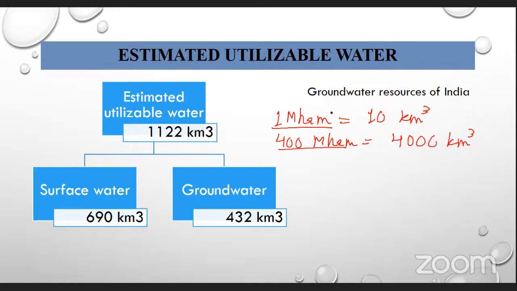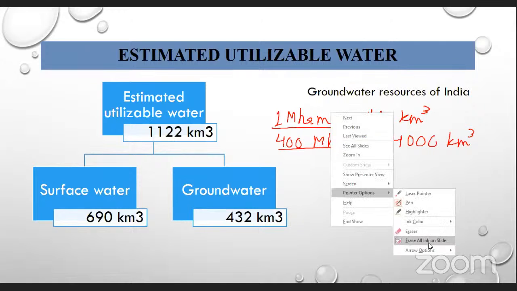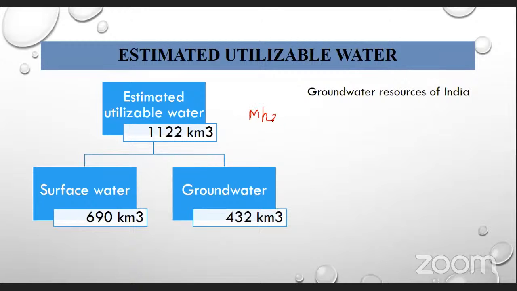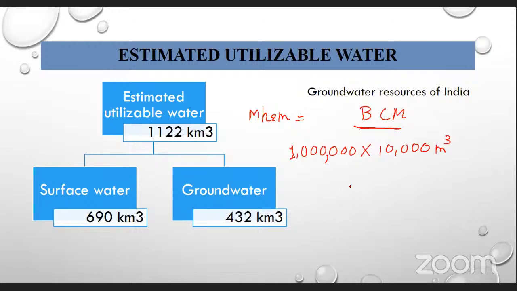In the same way, we have to convert this million hectare meter into BCM, and over here it's billion. Again, 1 million into 10,000 meter cube, we are representing it in the form of meter cube only. So over here it's billion, so we have to divide this value by billion.